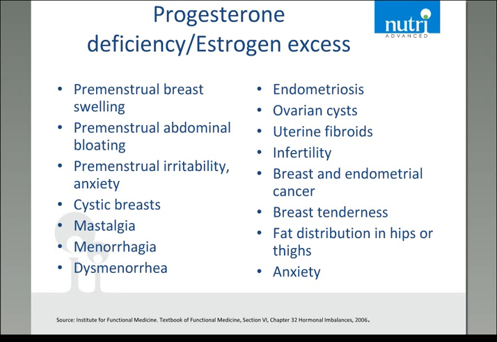Irritability and anxiety, cystic breasts, mastalgia, menorrhagia, dysmenorrhea, so we've already covered these terms at the beginning, endometriosis, ovarian cysts, uterine fibroids, infertility, breast and endometrial cancer, breast tenderness, fat distribution in your hips or your thighs, and remember that's a good reason why it's important to do waist to hip ratio of your clients, and anxiety. So some of these symptoms might be short-lived, like breast tenderness for a couple of days before your period, but some of them can be chronic, ongoing conditions.